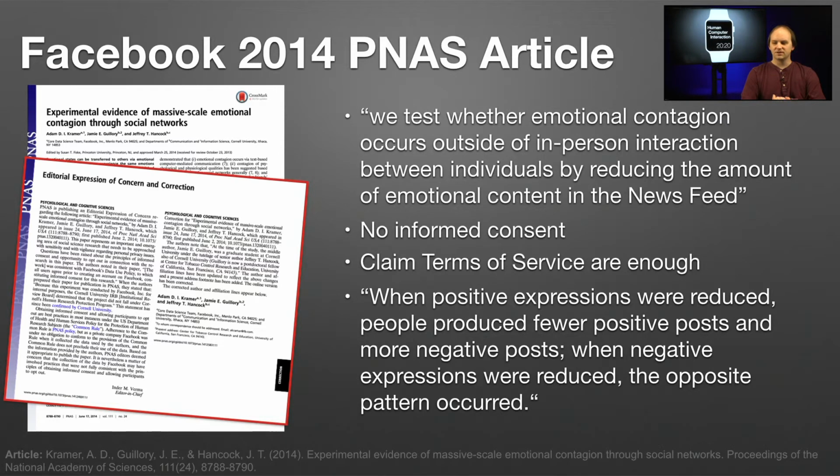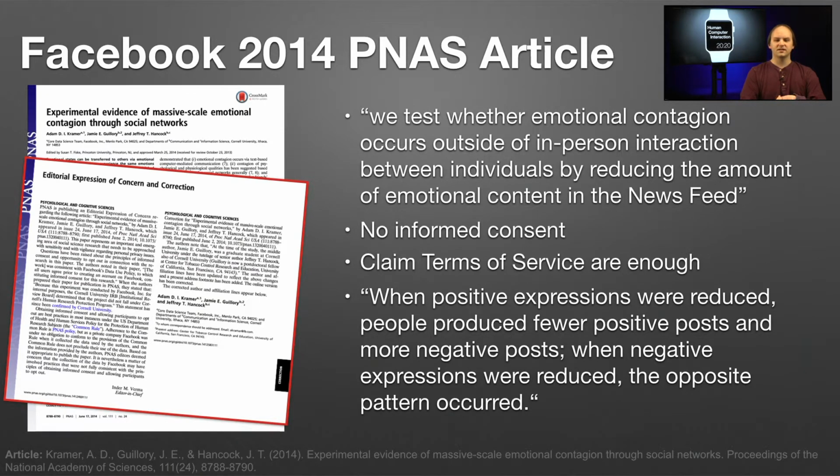To give you a high-level summary of what happened, Facebook wanted to see if they could manipulate, they wanted to see if they could have this concept of emotional contagion, is how they described it. What they did was they selectively manipulated people's news feeds to have more or less emotional content, negative or positive posts, basically.